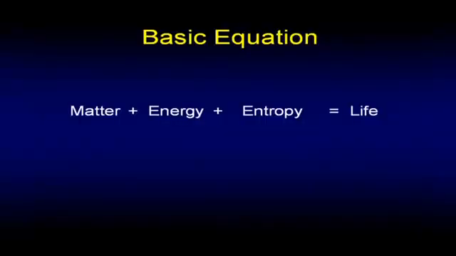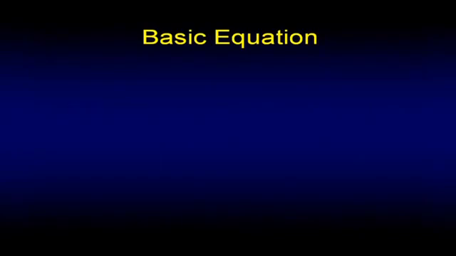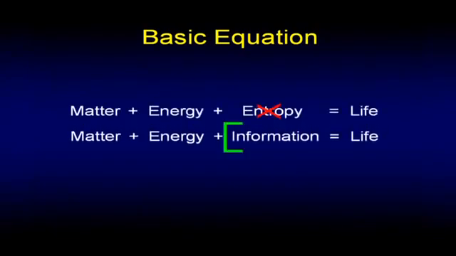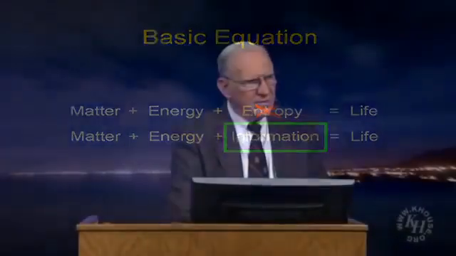There's a basic equation that people would have you believe, if you go to a biology class, that matter plus energy plus randomness, entropy, can equal life. That's what you're taught, and that's what your kids are taught in school. Take the entropy out. The correct equation is matter plus energy plus information equals life.